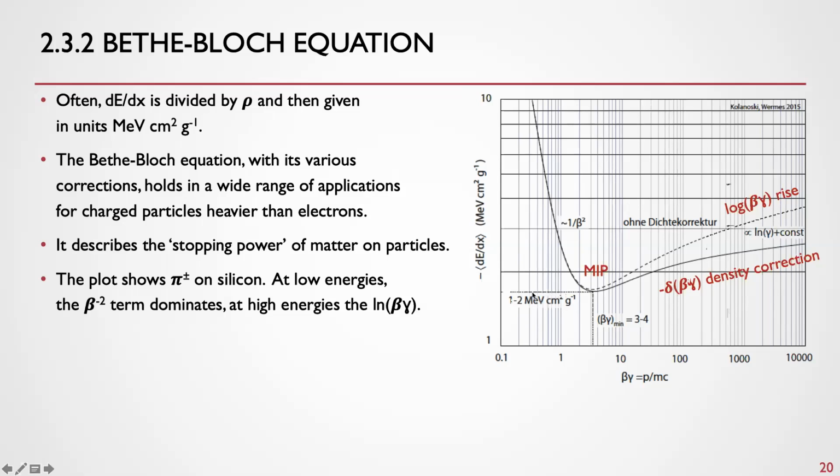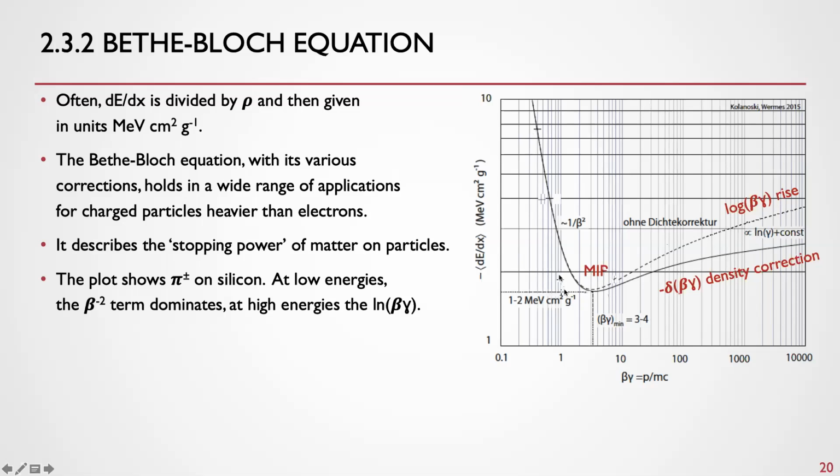Okay, so we talk about, for a density of 1 gram per cubic centimeter, you lose 1 to 2 mega electron volts from ionization, at least at the minimum here. This grows logarithmically if your momentum increases, and it grows with 1 over beta squared at low momentum.